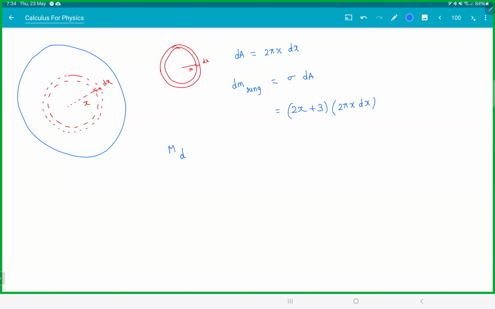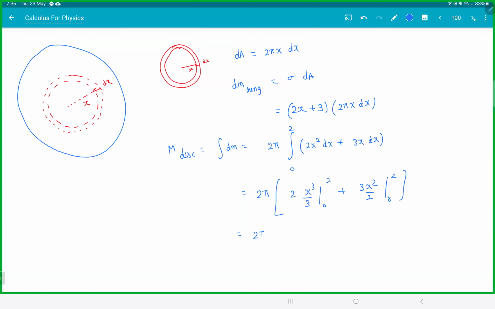So the mass of the disk will be, add all the rings. So 2 pi will come out, integral, we'll get 2x square dx plus 3x dx. Limits will go from 0 to 2 because radius is 2. This is 2 pi times 2x cubed by 3, limits 0 to 2, plus 3x square by 2, limits 0 to 2. 2 pi, put 2 cube there, that is 8, 16 by 3.